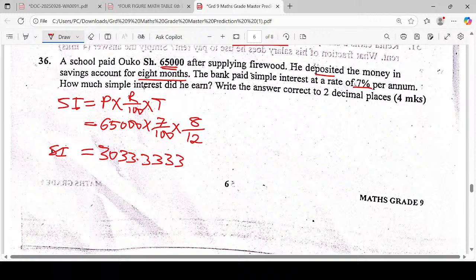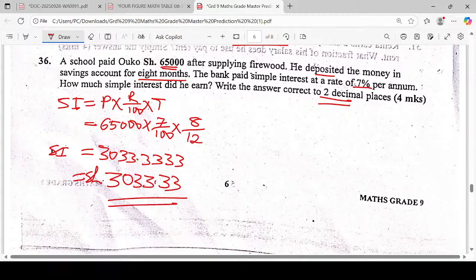They want the answer correct to 2DP. So your answer is going to be 3,033.33 because they want it only in 2DP. So that is how you respond to that question. Principal times rate over 100 times time. Remember to change your time to years by dividing it by 12.